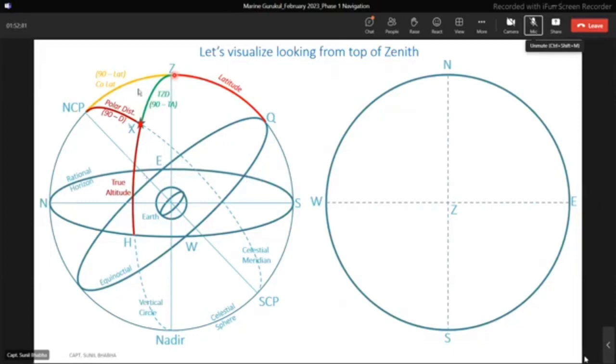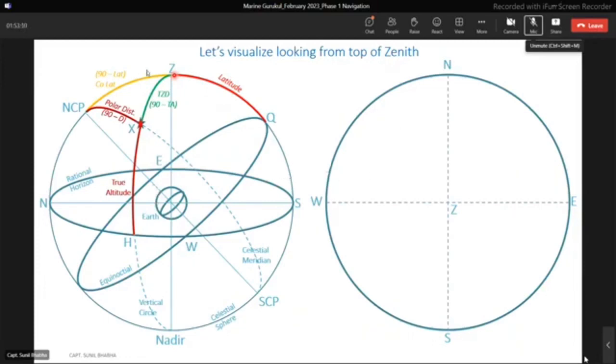Now beta, if you look at a vertical circle passing from the zenith and passing from the W point. All the vertical circles pass from the zenith and the nadir. So imagine a vertical circle passing from zenith and the W point. If you are looking from top, it will look like a straight line, and it will be exactly as the ZW line which you see on the right hand side.